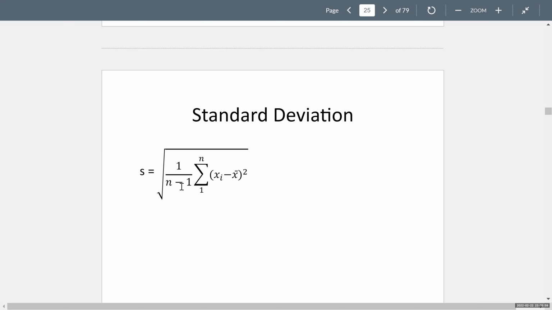So we actually have n plus 1 pieces of information, and we can always calculate the last observation if we also know the mean. So we just took all of our observations and we used them to calculate the mean. Once we've done that, we actually only have n minus 1 independent pieces of information.